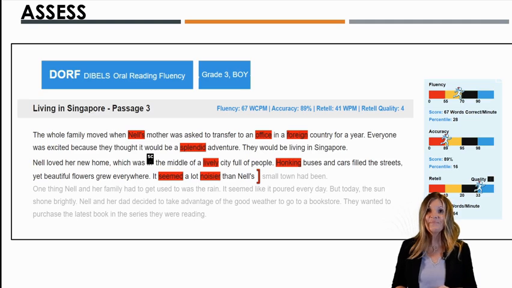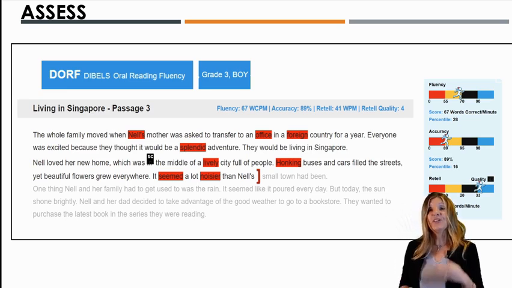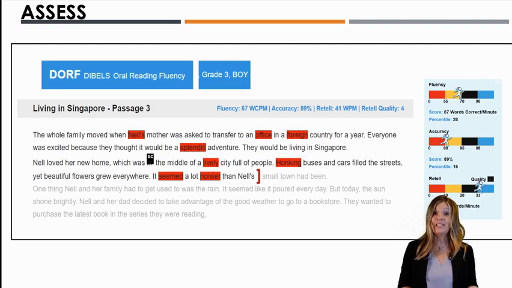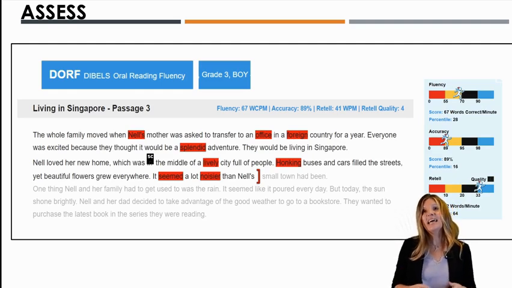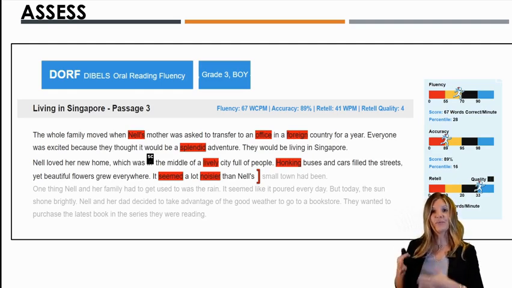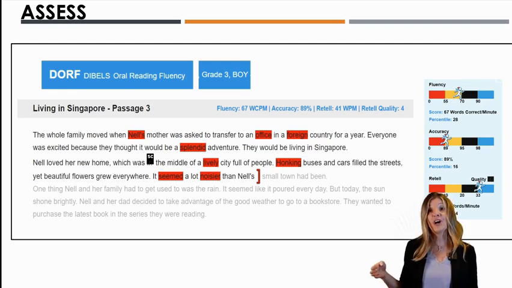Let's take a look at a couple of the DIBELS assessments. For this student, this is a third grade beginning of year assessment. So BOY means beginning of year, not boy. Based on the little runner on the right, I can tell where he or she is based on fluency, accuracy, and comprehension.